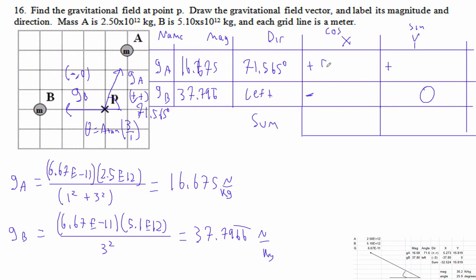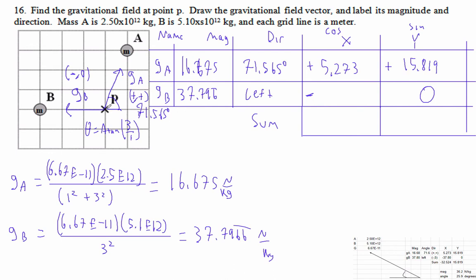I'm getting 5.273. And then I'm expecting my y component to be much larger. So then I just do the same expression, only I make it sine. And I'm getting 15.819. Let's just double check our components.